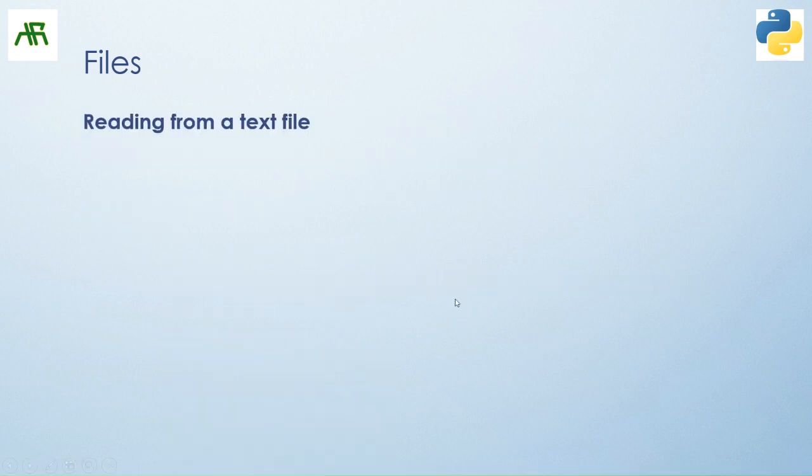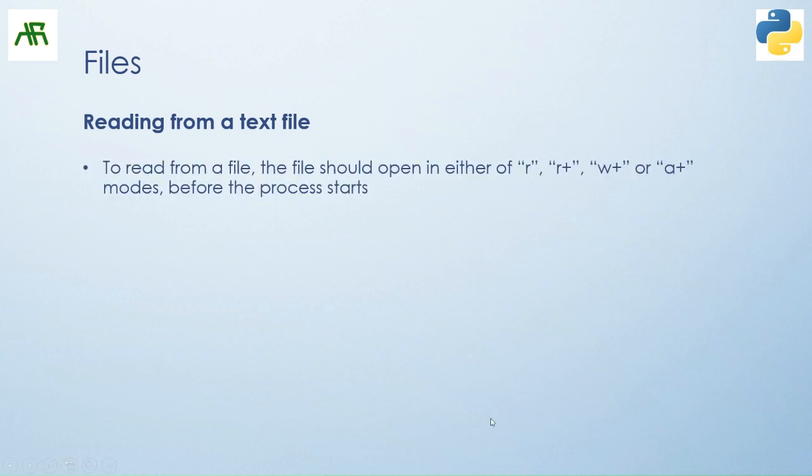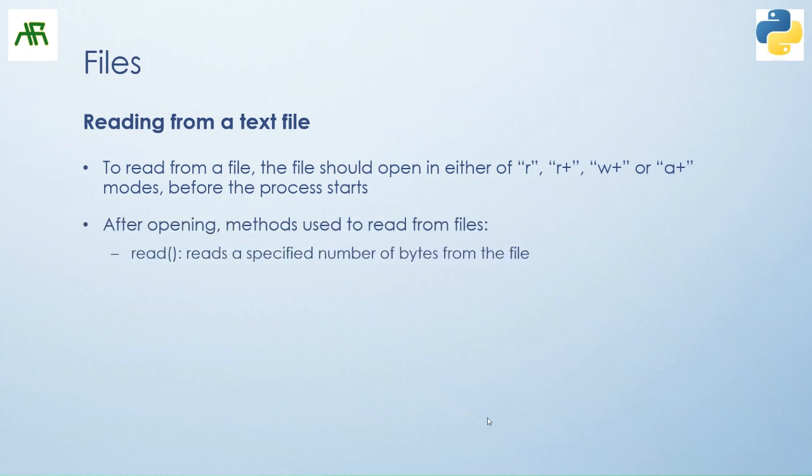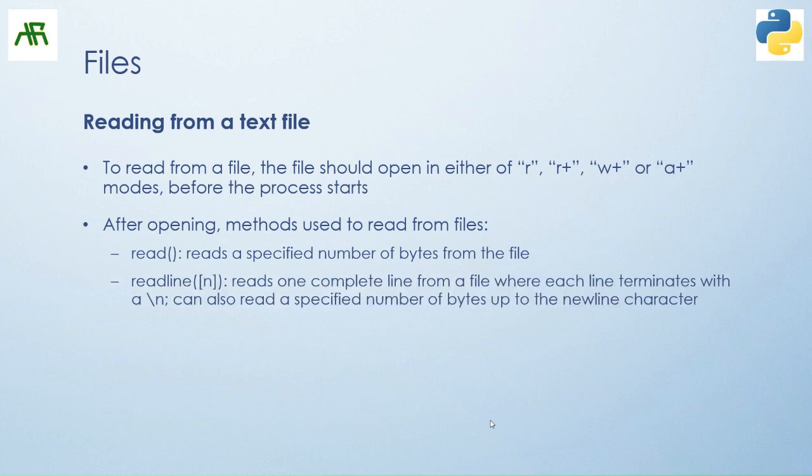Next, we will see how to read from a text file. To read from a text file, it should be opened in either r plus, w plus, or a plus before the process starts. These are the methods for reading. One is read, to read a specified number of bytes from the file. Say I say read of 10, then 10 characters will be read from the file.